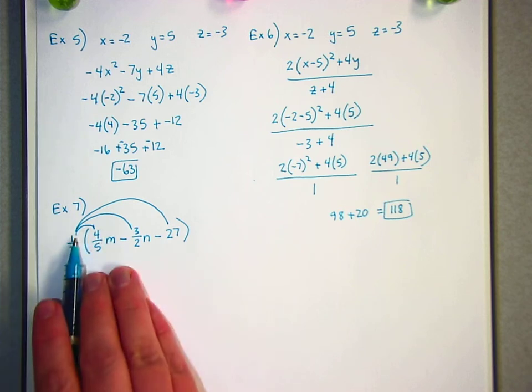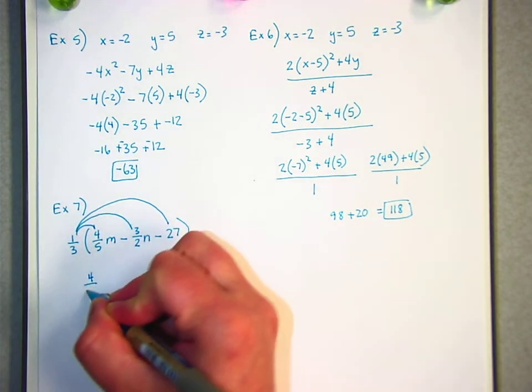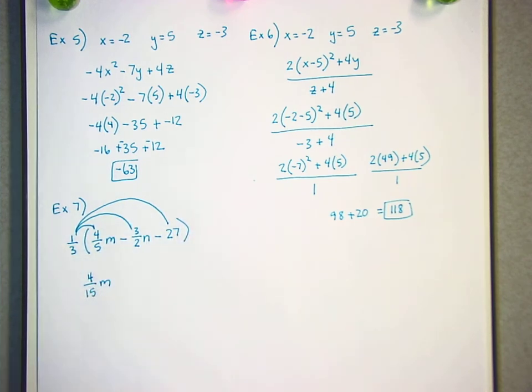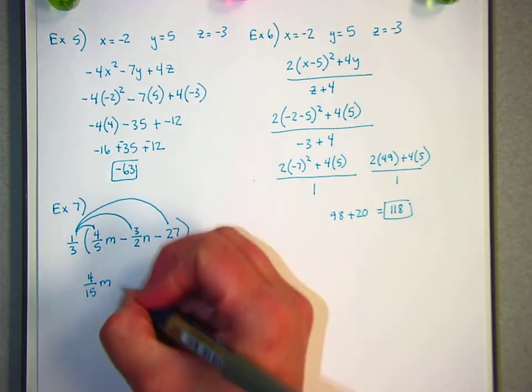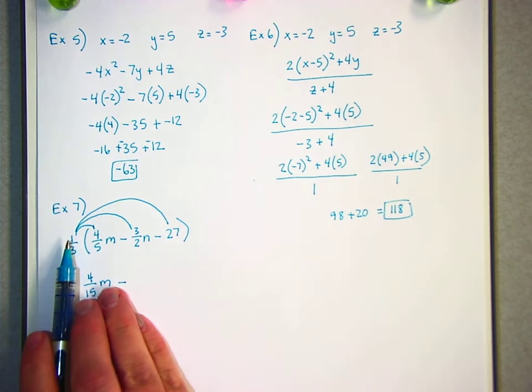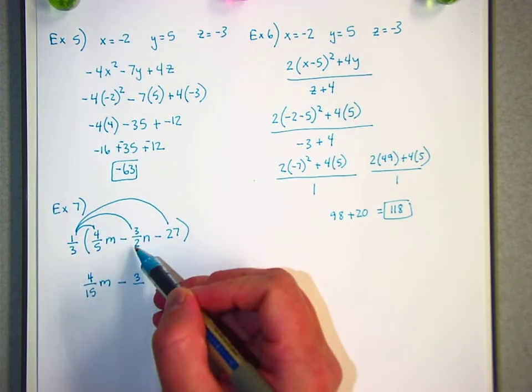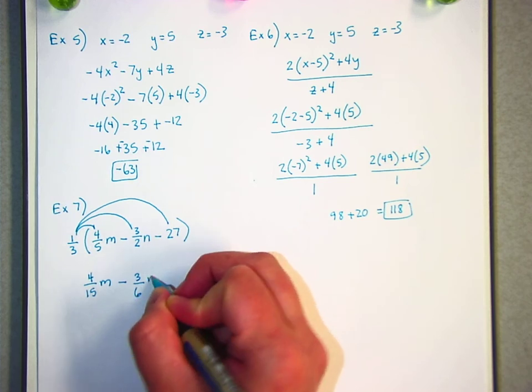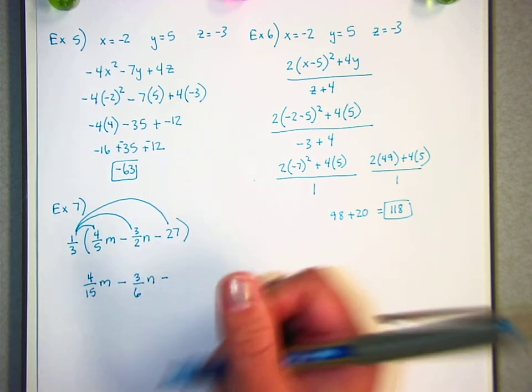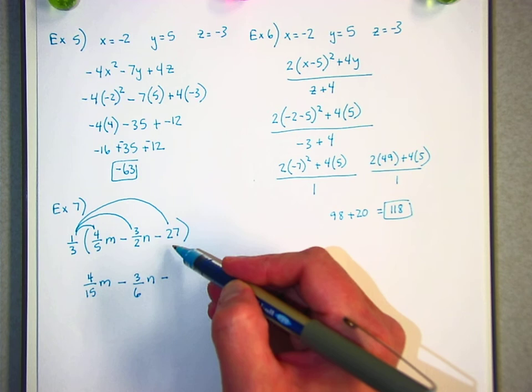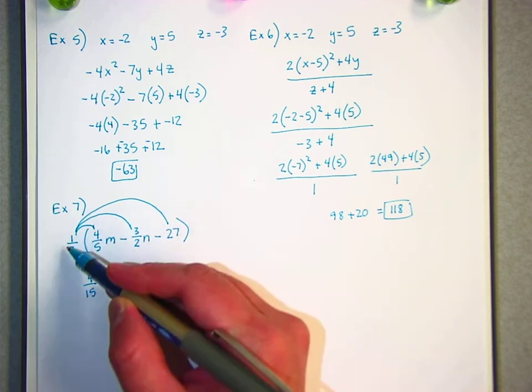So the first one is 4/15 m, minus, let's see, the top would be 1 times 3 over here, and the bottom is 3 times 2, which is 6n, minus.